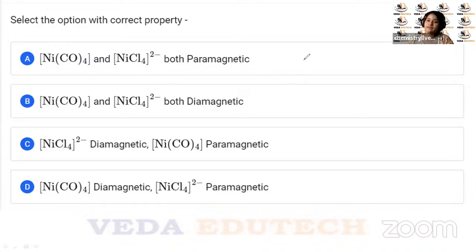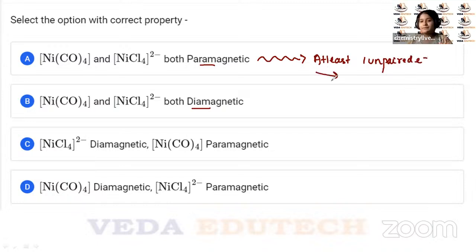So as we know, strong field ligand, here we are talking about paramagnetic and diamagnetic. What is the condition for paramagnetic? A very simple concept: if you have an unpaired electron, at least one unpaired electron, you are going to get paramagnetic.